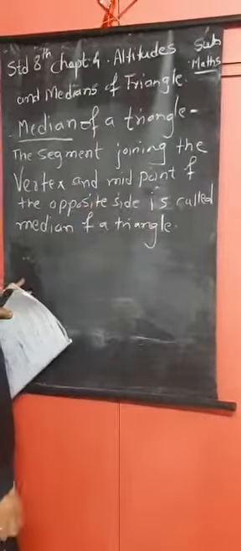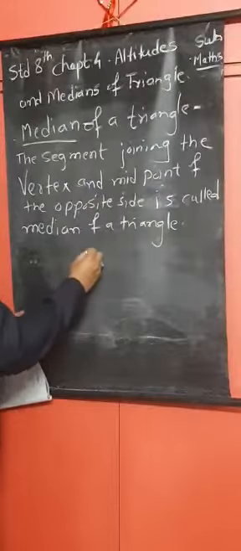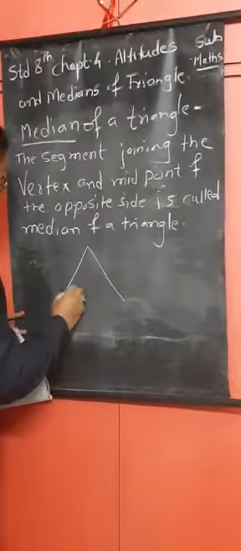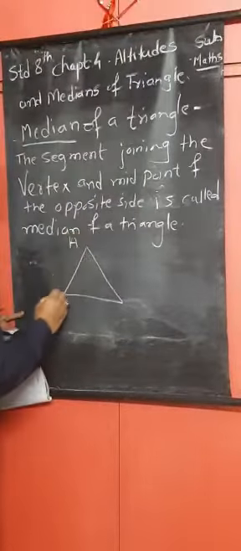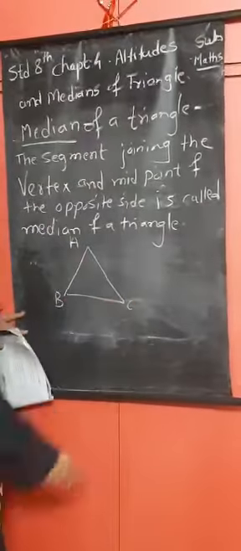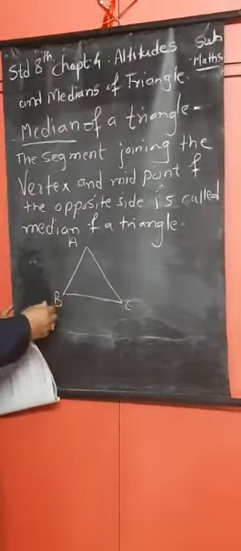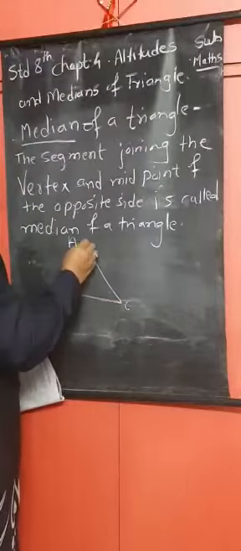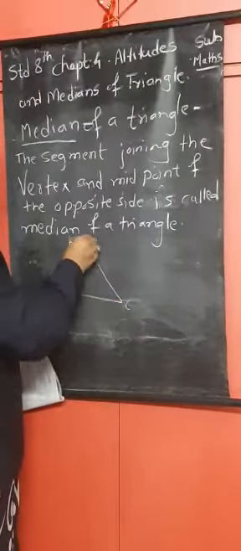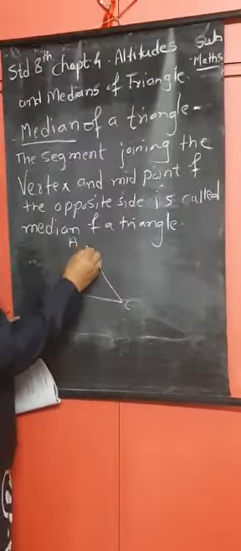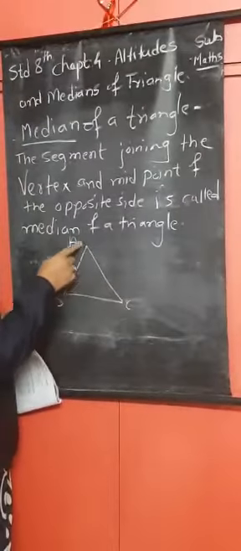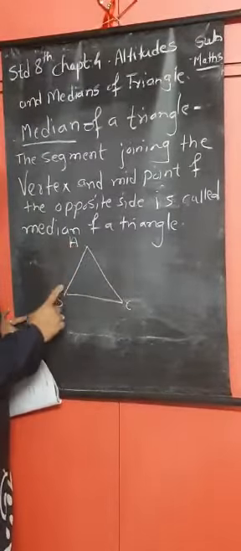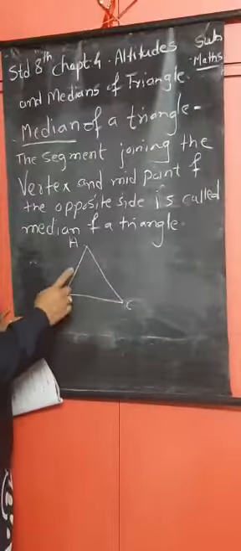मी थोडक्यात तुम्हाला सांगते. Suppose this is a triangle ABC. A is a vertex, B is a vertex. The opposite side of vertex A is BC.